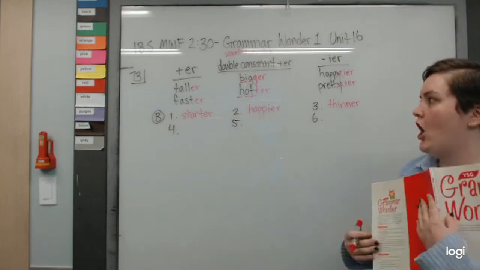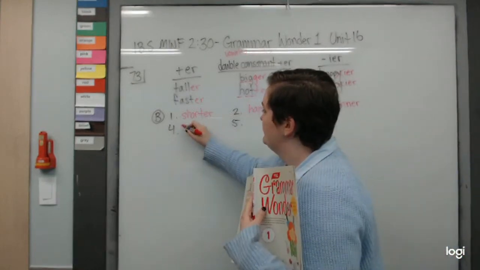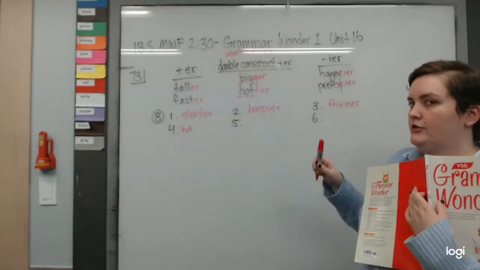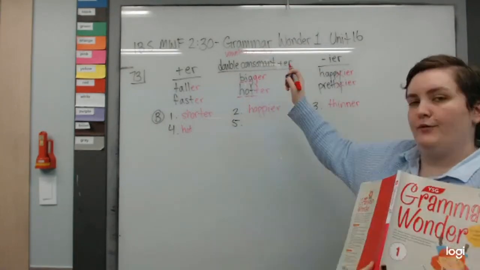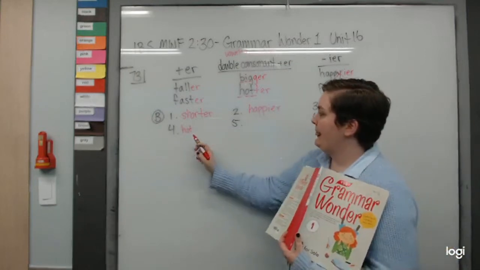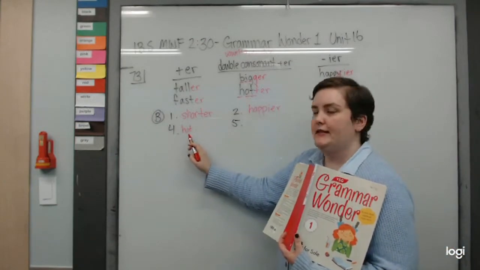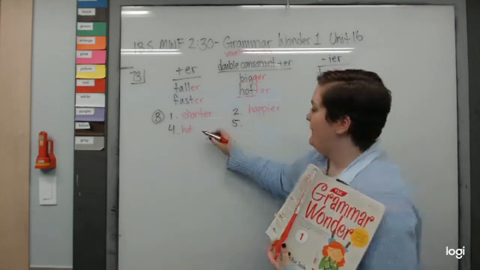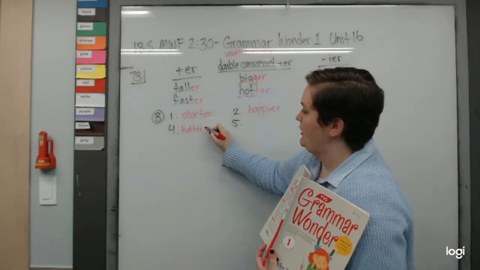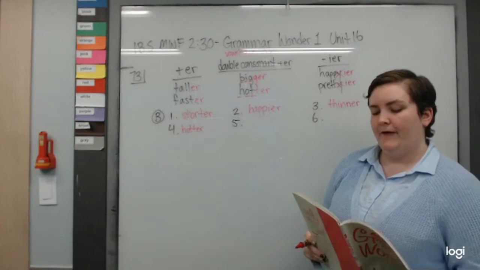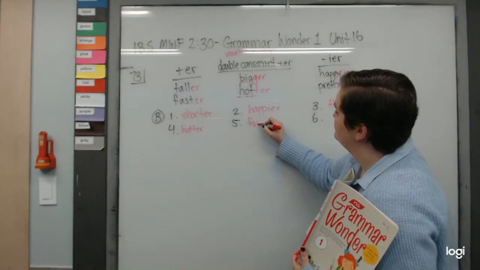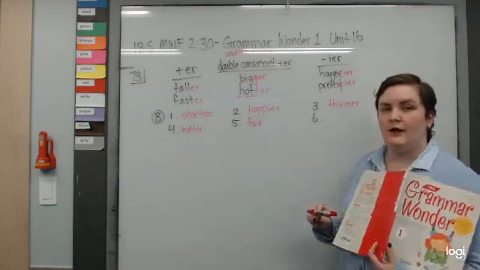Number 4, hot. Does it end in Y? No. Does it follow this rule? Let's see. Consonant, H, vowel, O, consonant, T. Perfect. Add TER. Number 5, fast. Does it end in Y?